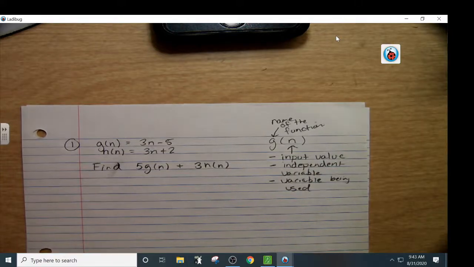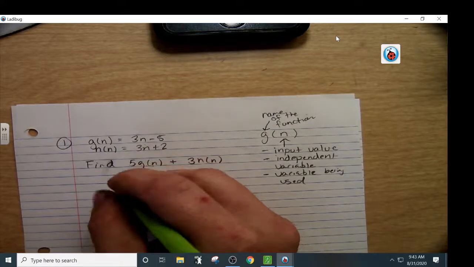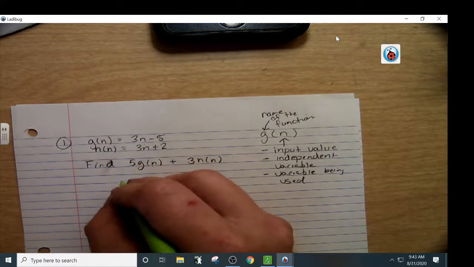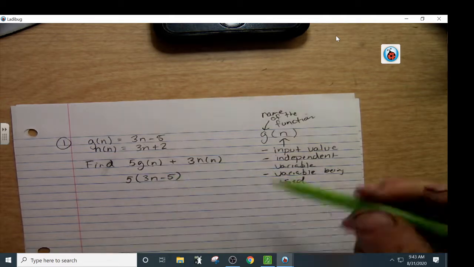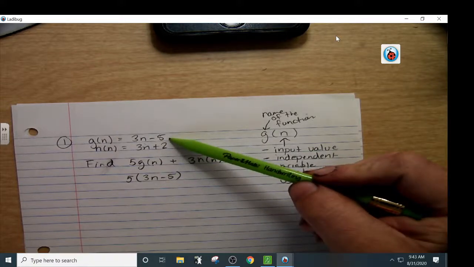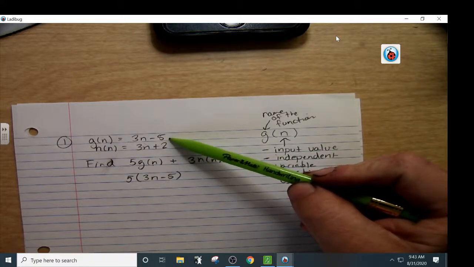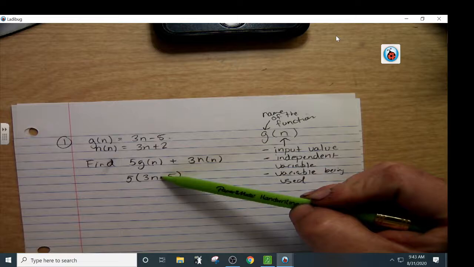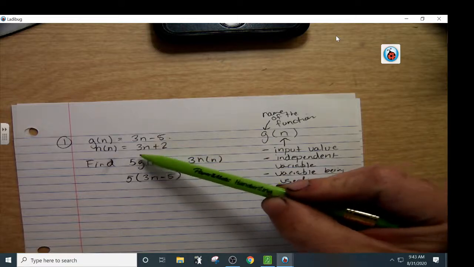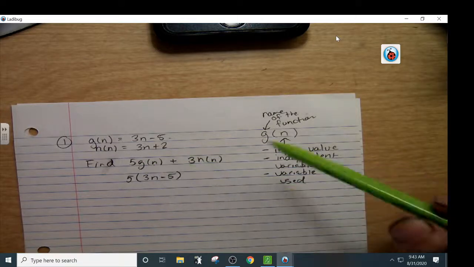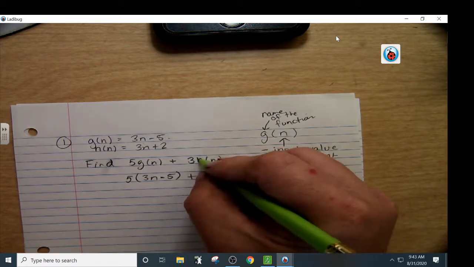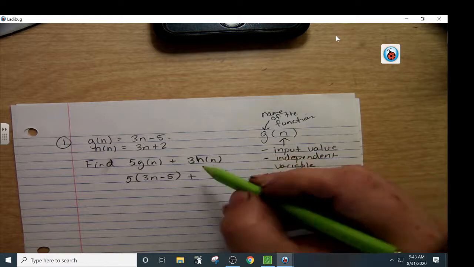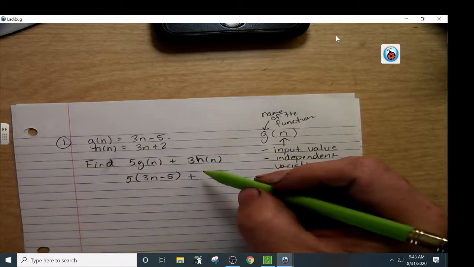Now, this is what that would look like. 5 times g of n, so what it would be is 5 times (3n minus 5). Guys, how I got the 3n minus 5: g of n is 3n minus 5. That's where this came from. Plus, it wants you to add 3 times h of n.